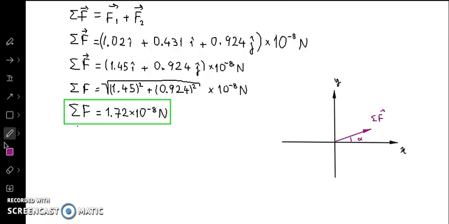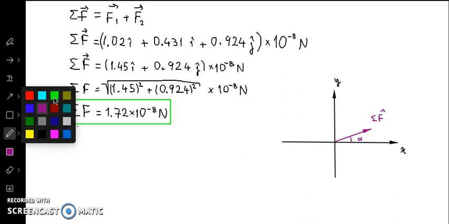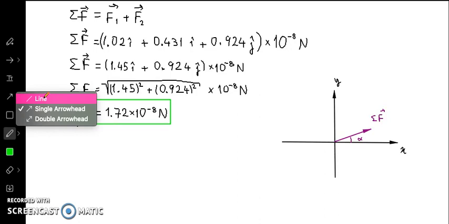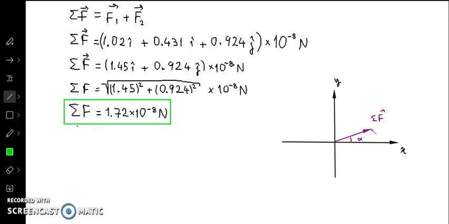If you think about it, tangent alpha is the y component of the vector divided by the x component. Let me draw some lines here. So this green segment represents the y component of my vector, and this red segment here represents the x component, right?